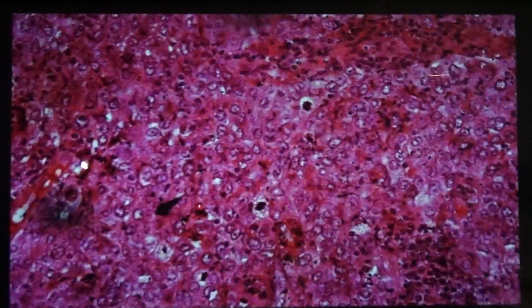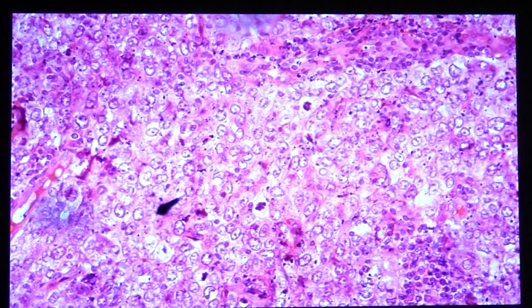So these are all atypical cells, although it's not very clear in this particular magnification, surrounded by lymphocytes or lymphoplasmacytic infiltrates. Okay, high power magnification, here you would be able to identify the presence of atypical cells.